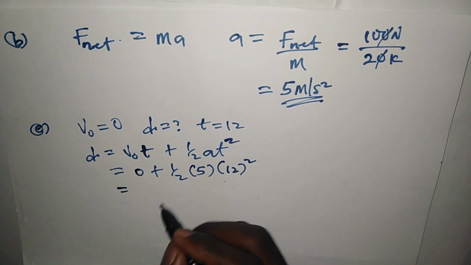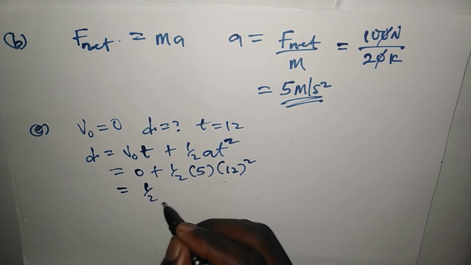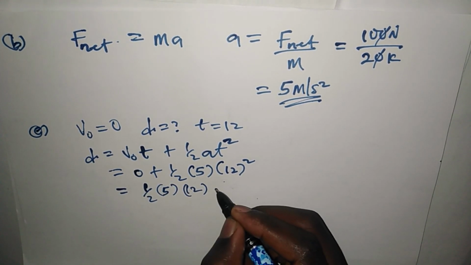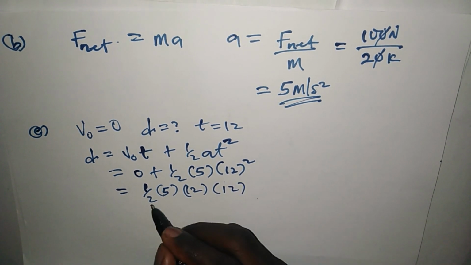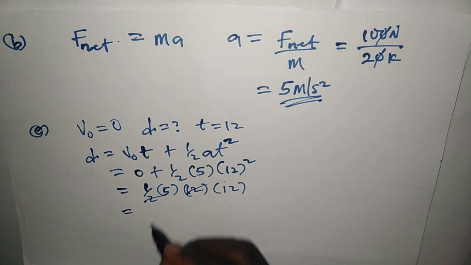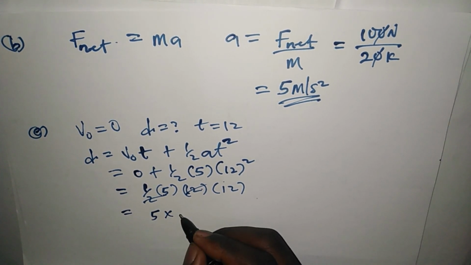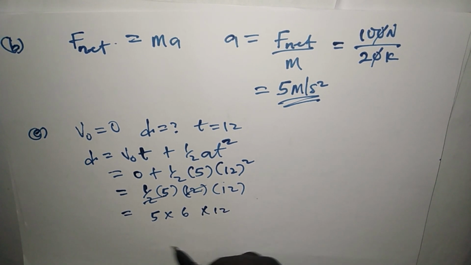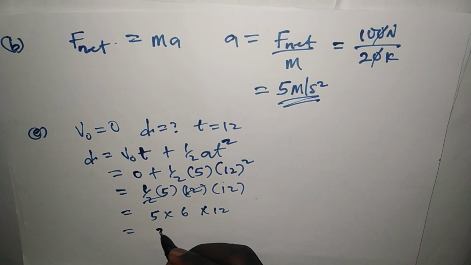Therefore, this is going to be half times 5 times 12 times 12. 12 divided by 2 is going to be 6. So we have 5 times 6 times 12. 5 times 6 is 30.